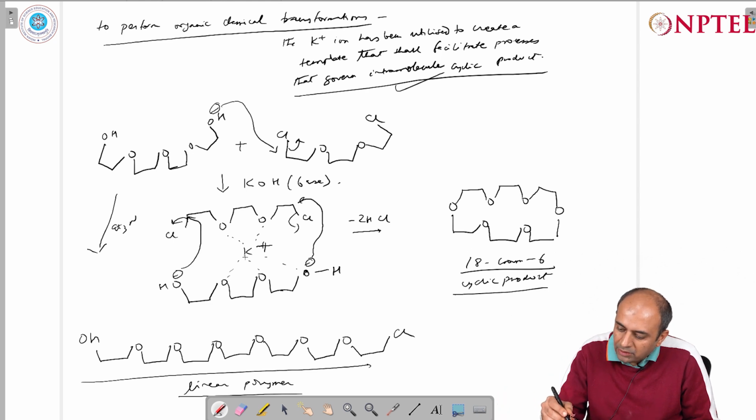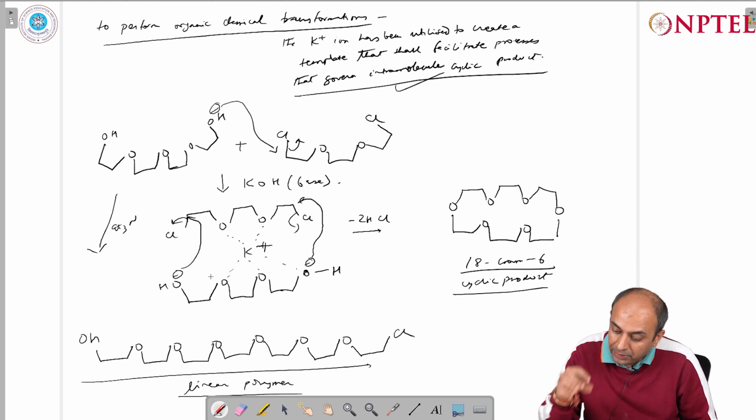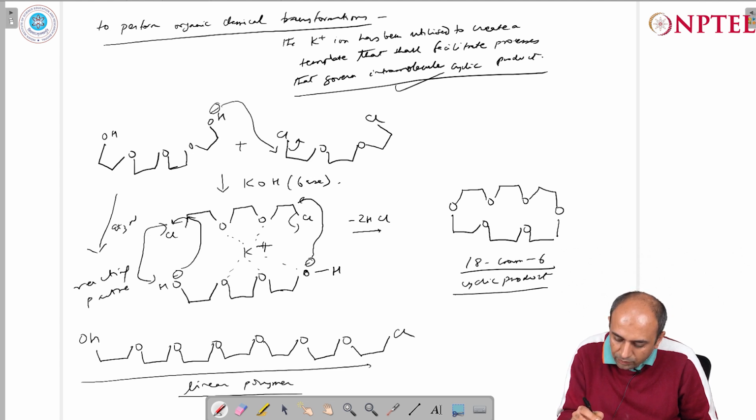However, in the presence of the potassium ion, it creates the necessary template, we can say the necessary playground, where the reacting partners can come very close to each other, and the functional groups which are supposed to react with each other are also in close proximity.